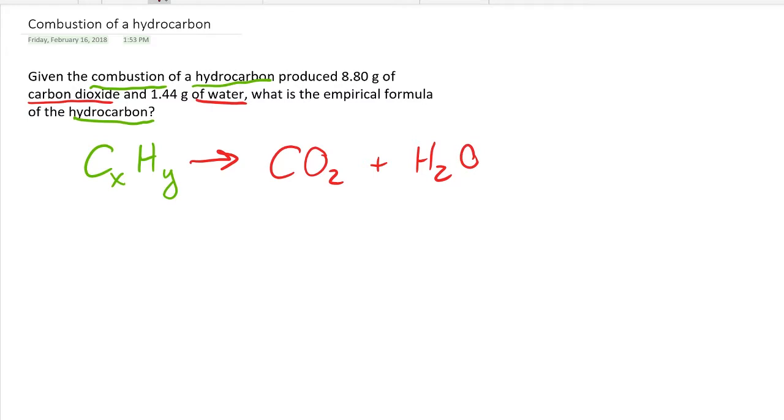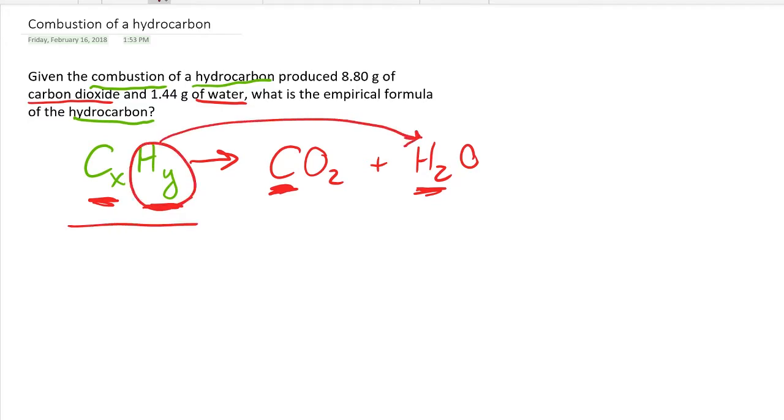Importantly, all of the carbon that is being turned into carbon dioxide is coming only from our hydrocarbon. Same thing for the hydrogen. So this hydrogen from the starting material is what is going to form the water. This carbon is what is going to form the carbon dioxide.